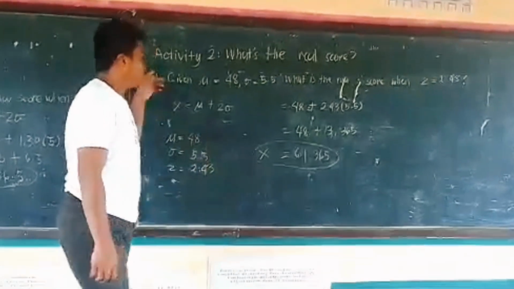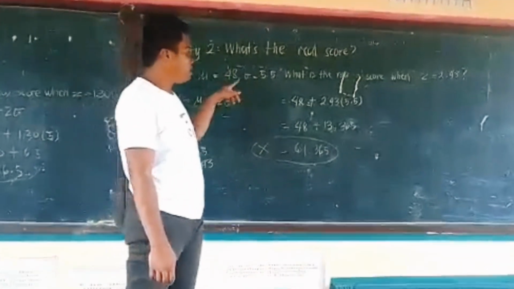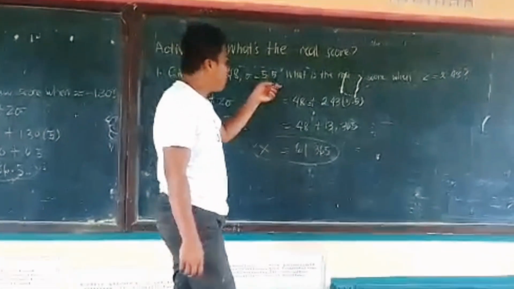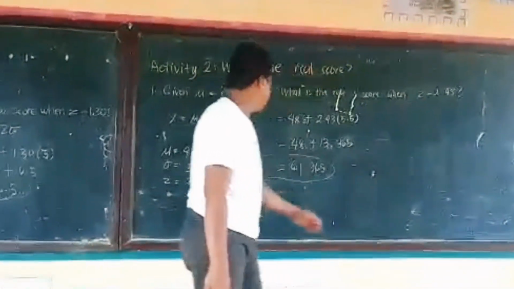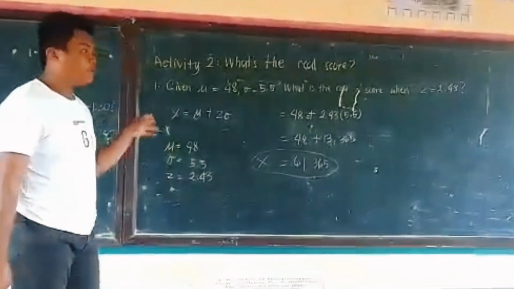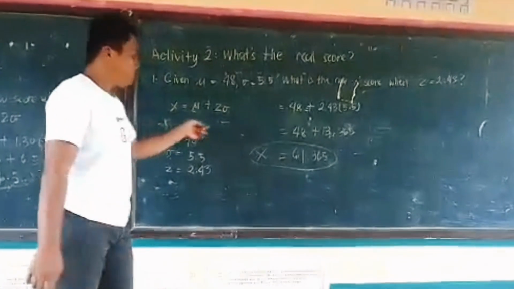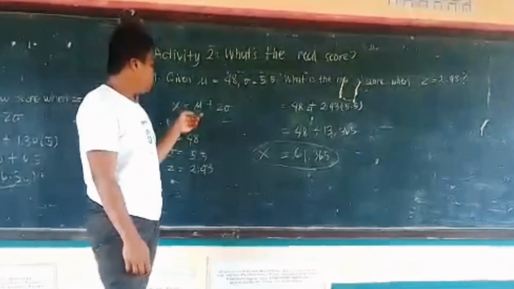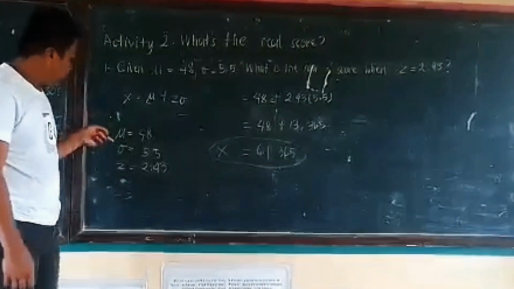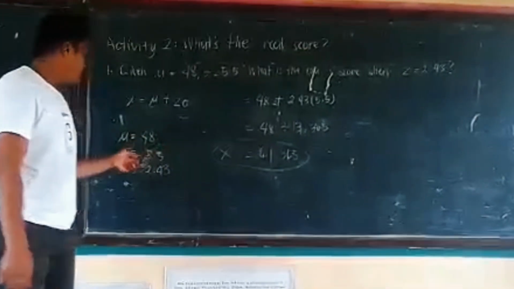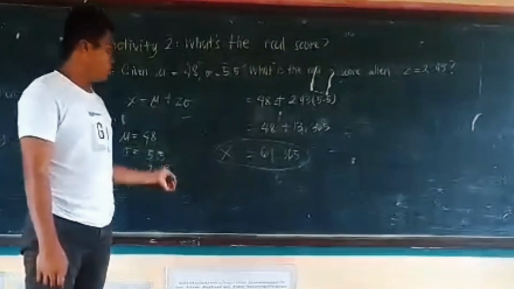Let's answer another example. What's the raw score? Given mu is equal to 48 and sigma is equal to 5.5, what is the raw score when Z is equal to 2.43? For easy computation, let's use this formula: X is equal to mu plus Z sigma, where mu is equal to 48, sigma is equal to 5.5, and Z is equal to 2.43.